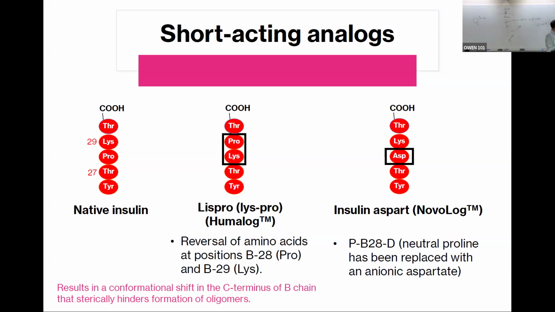That makes it a shorter-acting analog, right? And then insulin aspart means aspartate. Basically they completely replace the proline with aspartic acid.